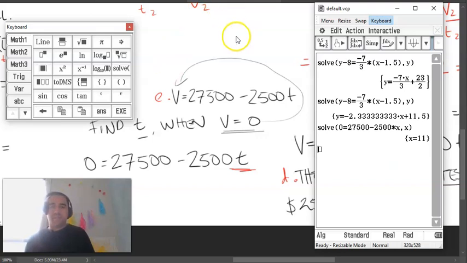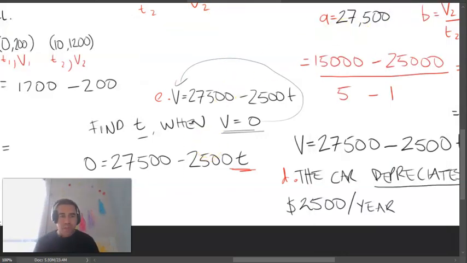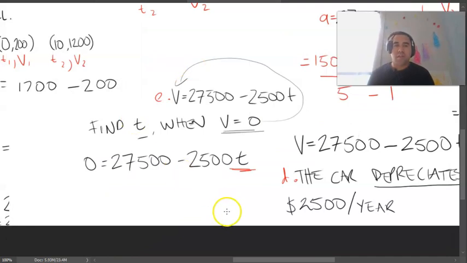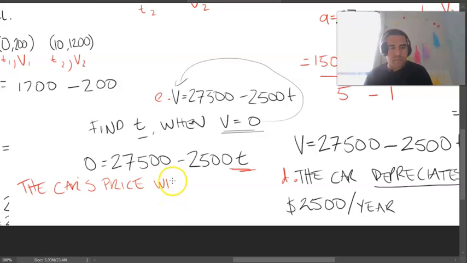In other words, the car's price will hit $0 after 11 years.